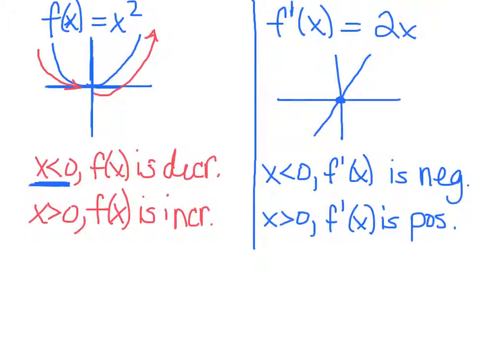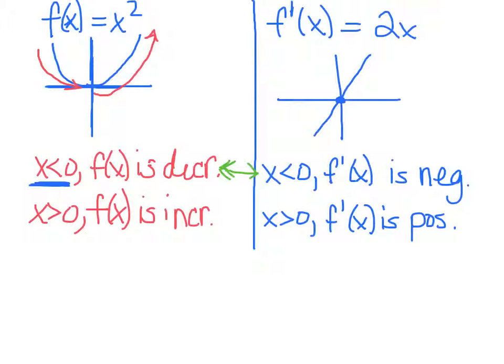So I want you to make this correlation between the function and the derivative. When x is less than 0, the function is decreasing, and the derivative is negative. Decreasing, negative.